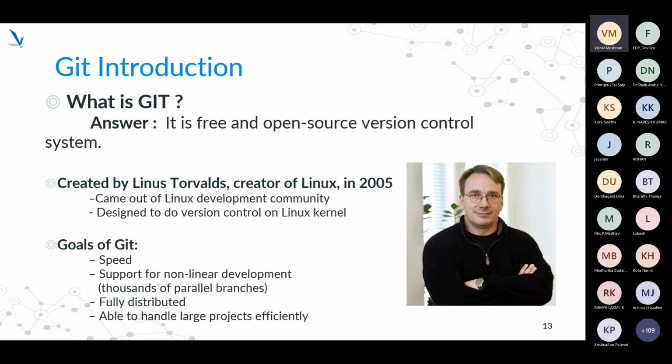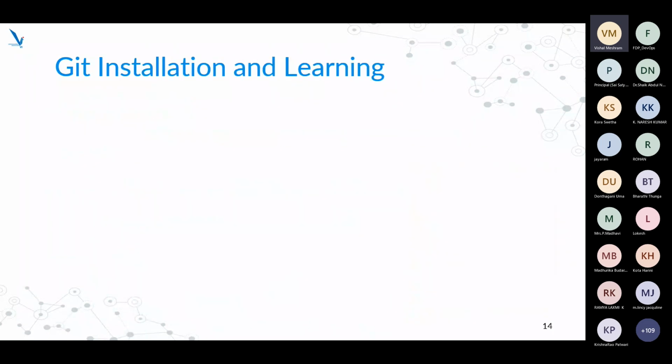It is fully distributed, and it is able to handle large projects efficiently. And a very interesting thing is that the word Git means a cranky old man, and Linus meant himself. So Linus Torvalds named this tool after himself.